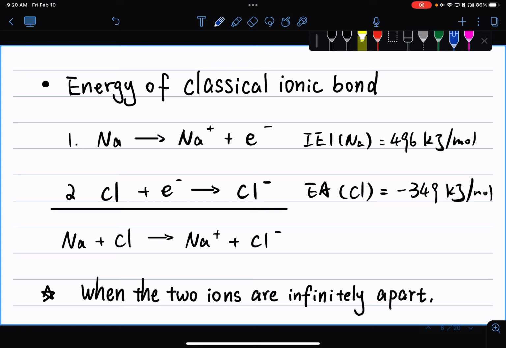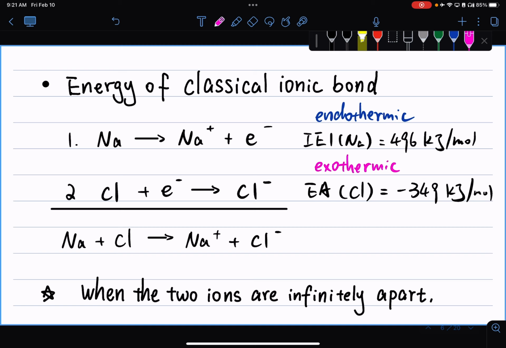And just as a quick reminder, the ionization energy is a positive number, so this is an endothermic process. Right, it requires energy to remove that electron from the neutral sodium. And then the electron affinity is a negative number, and it's exothermic. It releases energy for the electron to be attracted to the chlorine to form the anion.